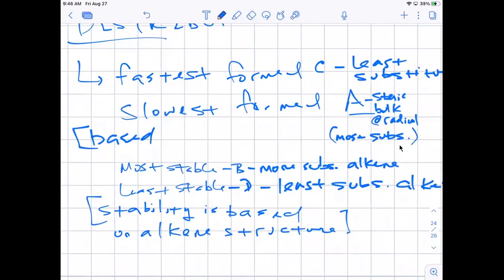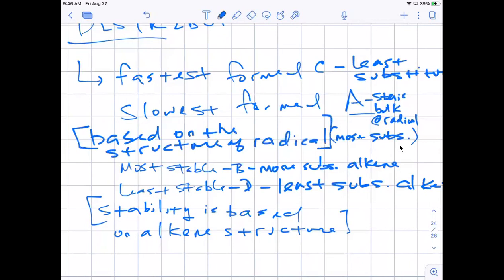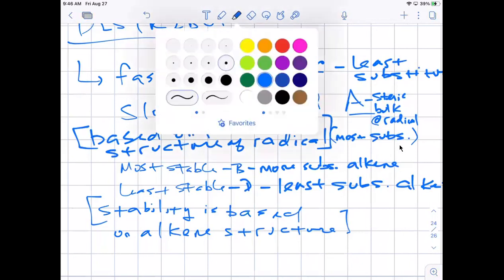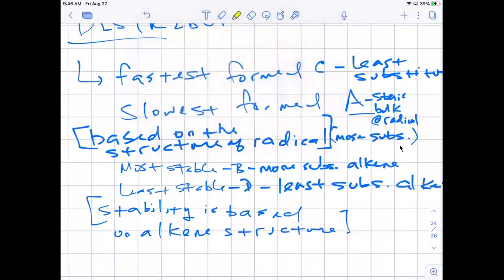That's based on the structure of the radical. All right, any questions about that?